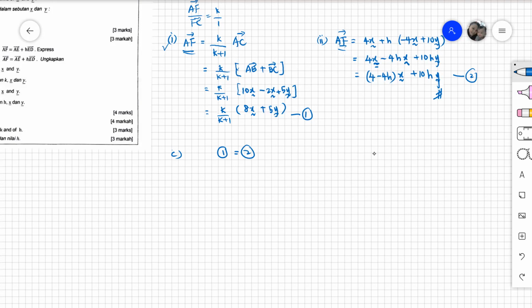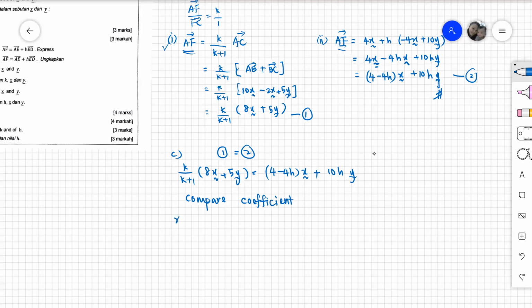So let's put them together. k over k plus 1, 8x plus 5y, equivalent to 4 minus 4h x plus 10h y. And then when we reach here, we have to compare coefficients. Okay, because vector x and vector y are not equal at all. So the left side, we have vector x. The right side also, we have a vector x. Therefore, we just compare their coefficient.